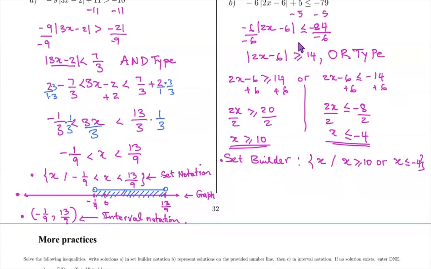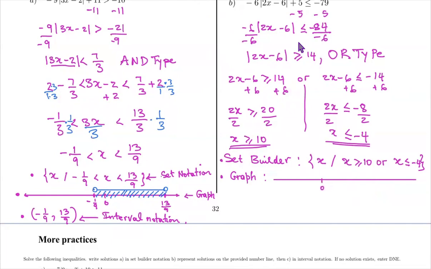On the number line, we can graph the solution. Let me set the number line here. That's my number line. And I can say that this is 0 here. Let me put 0 closer to the other side here.